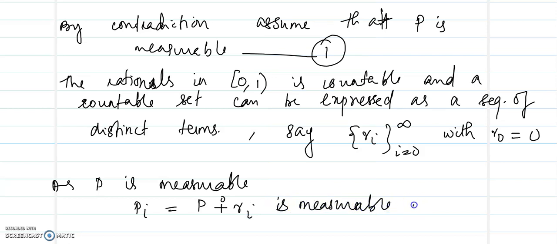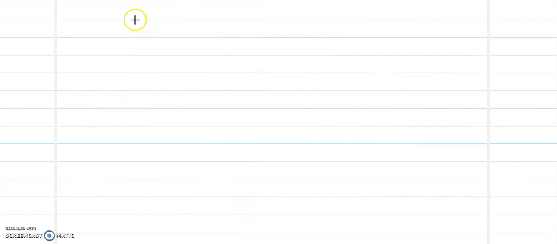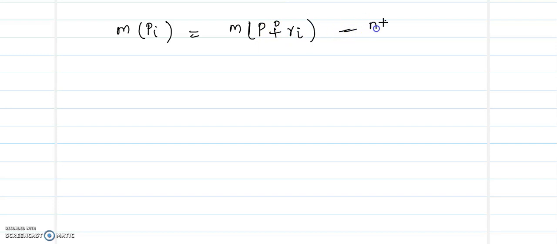So this will be measurable for i equal to 0, 1, 2, etc. This is by the lemma: P measurable implies P sum modulo 1 Ri will be measurable, and m of Pi will be equal to m of P sum modulo 1 Ri, which will be equal to m of P. Let us call this result 2.